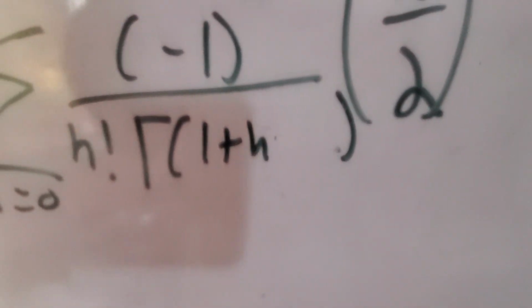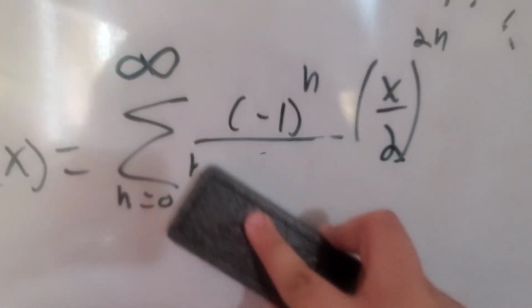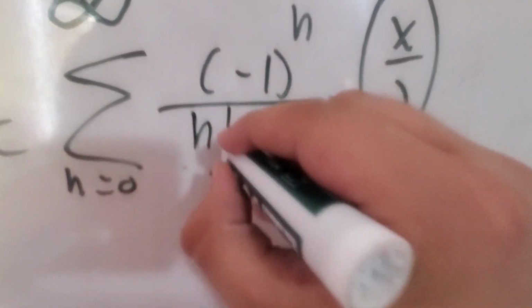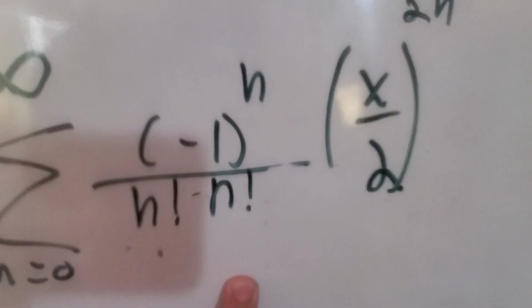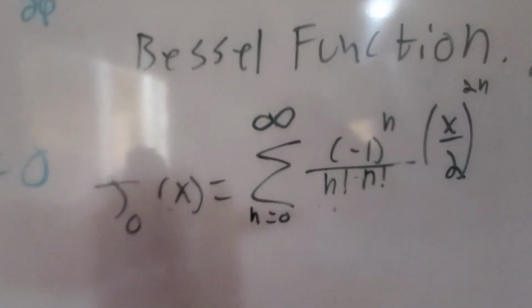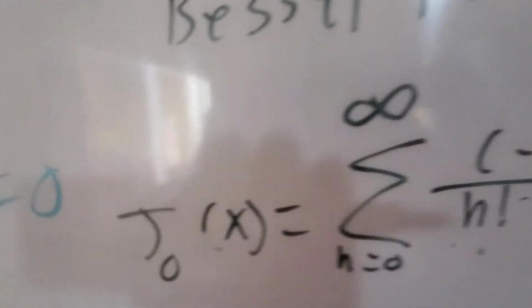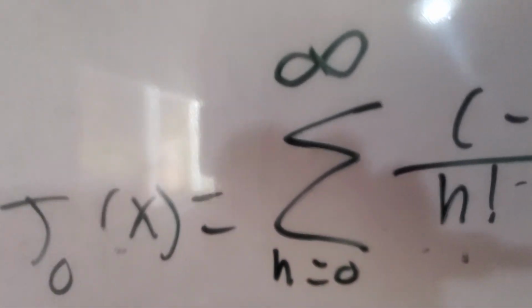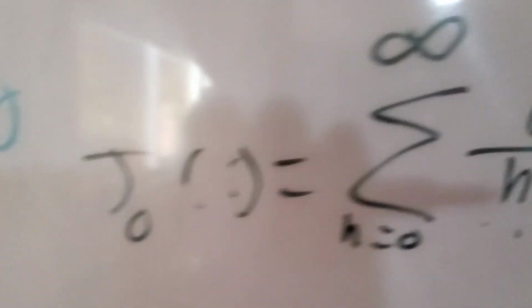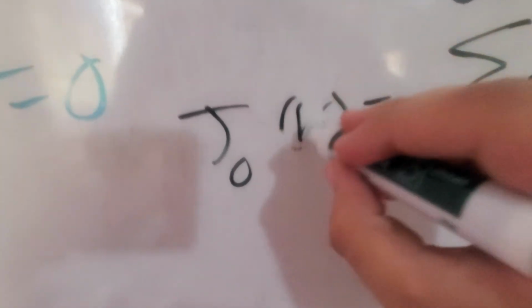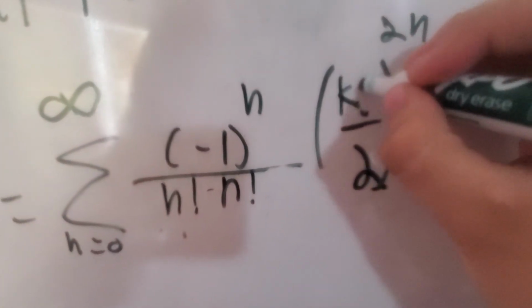It's just a gamma of 1 plus n, which simplifies to n factorial, so we just have 2n factorials multiplied down here, and that is our solution to the problem. But rather than an x, we substitute a ks. That's what we do.